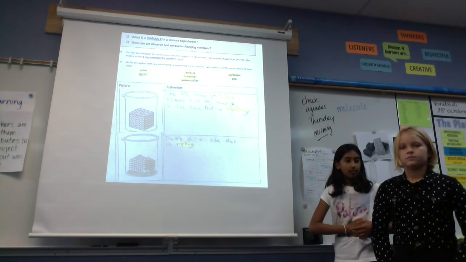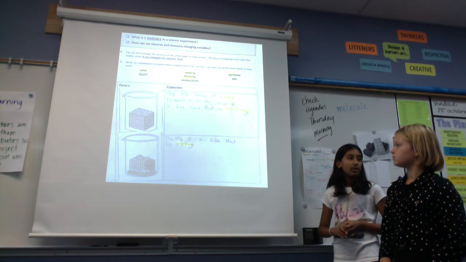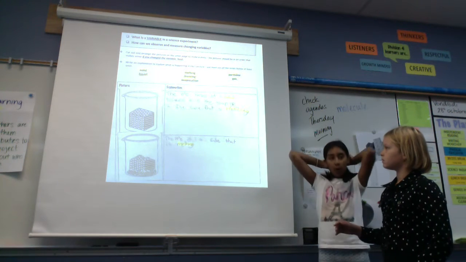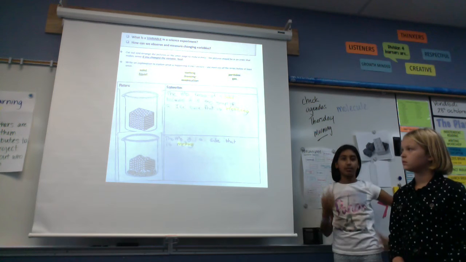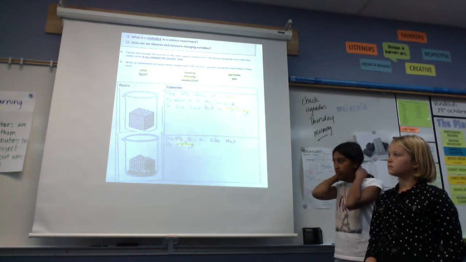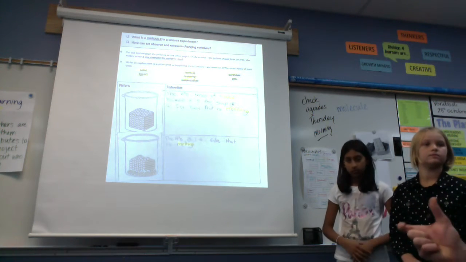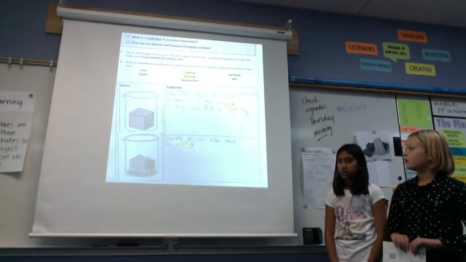But what is the thing that we're actually changing here? The ice cube. No, the heat. So the amount of temperature, the heat. Okay, so that's important to keep in mind that the heat is our independent variable. That's the thing that we're changing. If this was an experiment, we're changing one thing to see what happens. The independent variable is the heat.